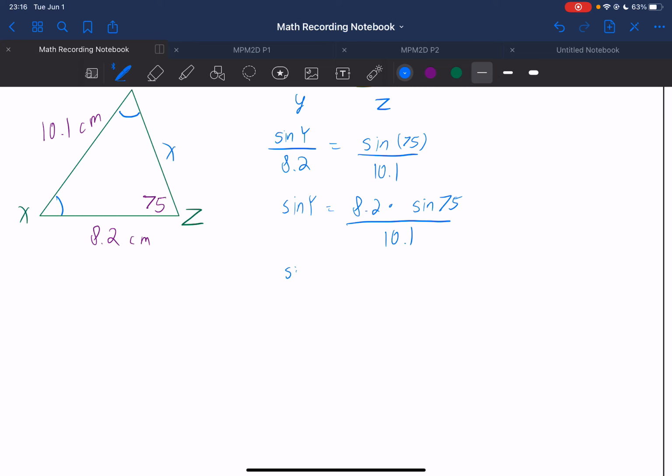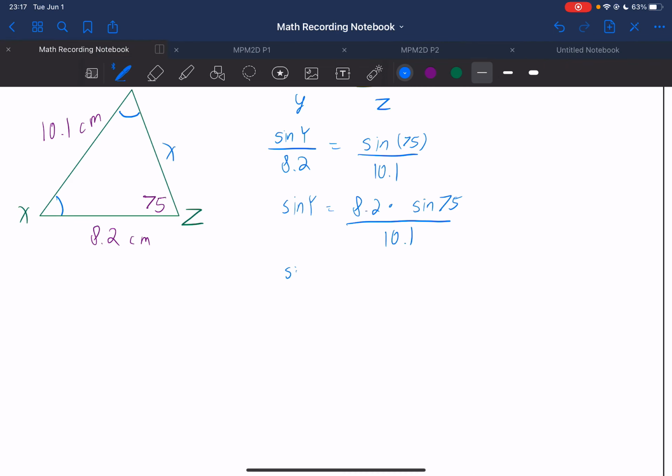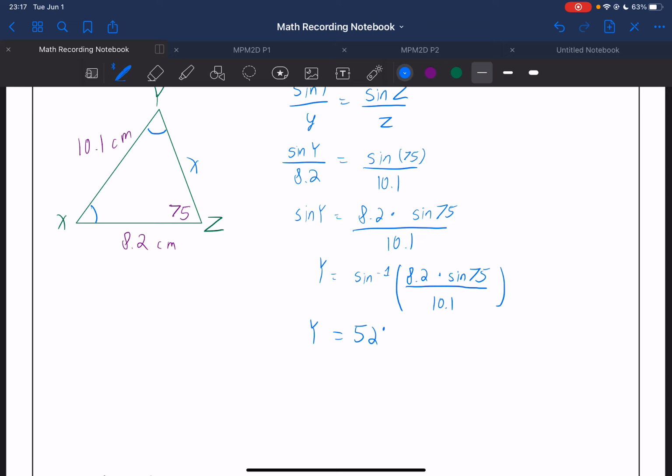Again, since we're finding the angle, we need to use the inverse of sine. My apologies on that. So y equals sine to the negative 1, sine inverse, of 8.2 multiplied by sine 75 all over 10.1. We put that in our calculator and we're going to get a y value of 52. So now we know that y is 52.